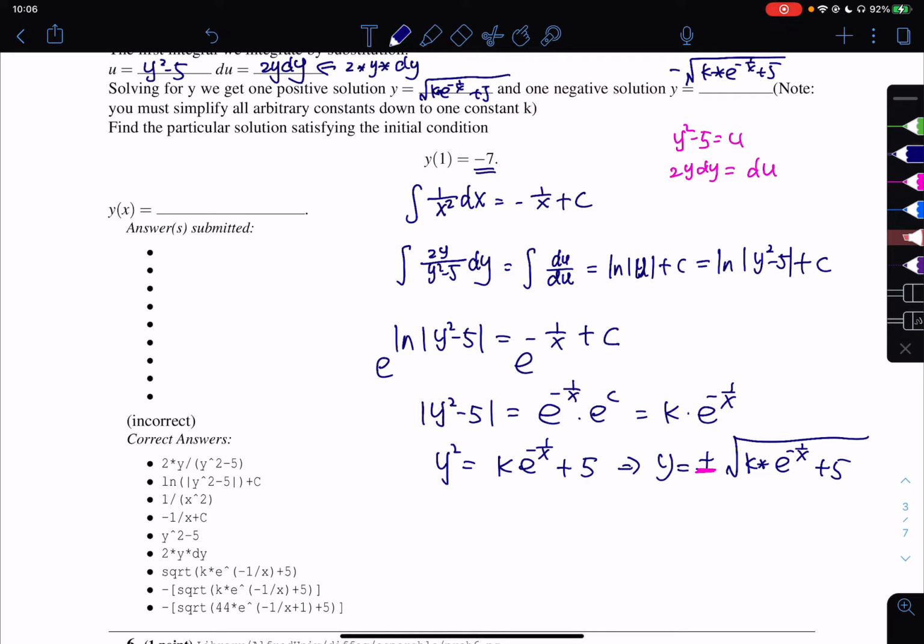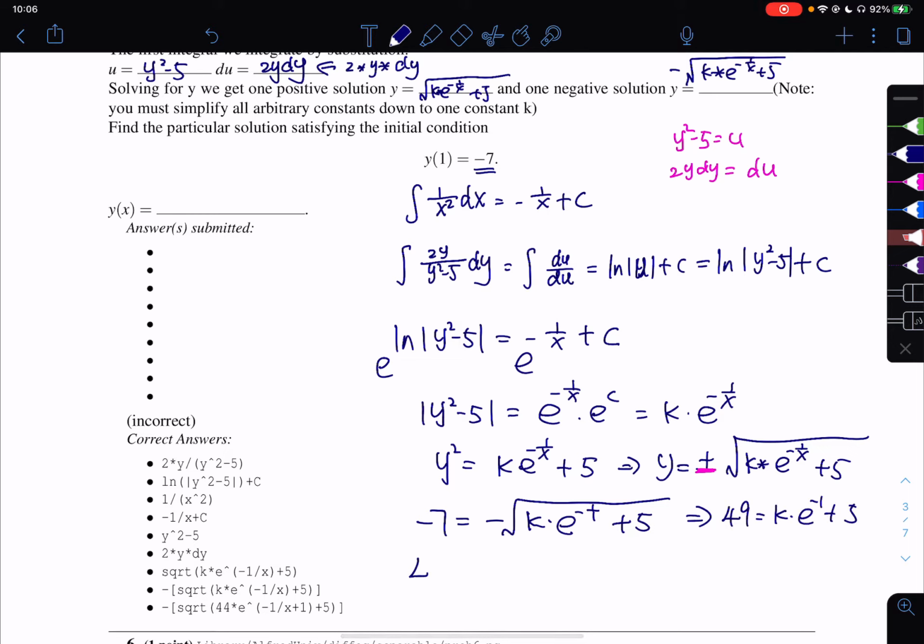So my solution is supposed to look like negative 7 equals negative square root of k times e to the power of negative 1 over 1 plus 5. So after simplification, you end up with 49 equals k e to the negative 1 plus 5, hence 44 is k over e, hence your k is 44 times e.